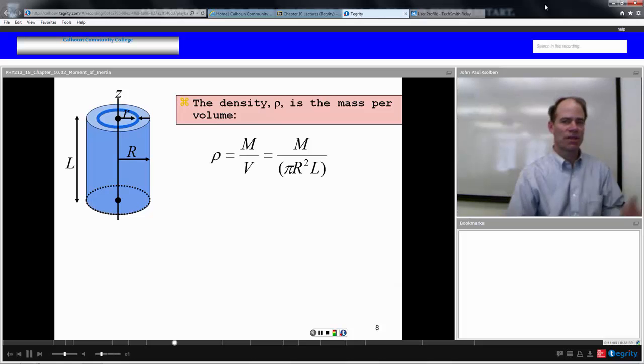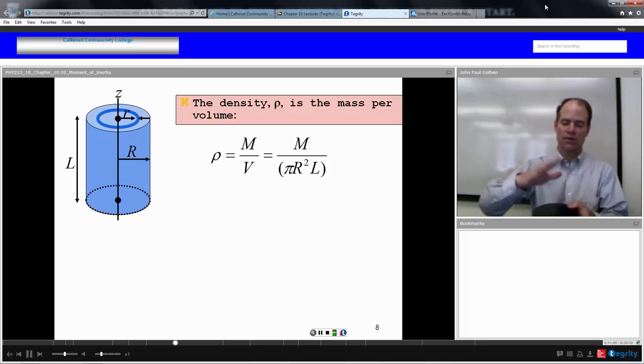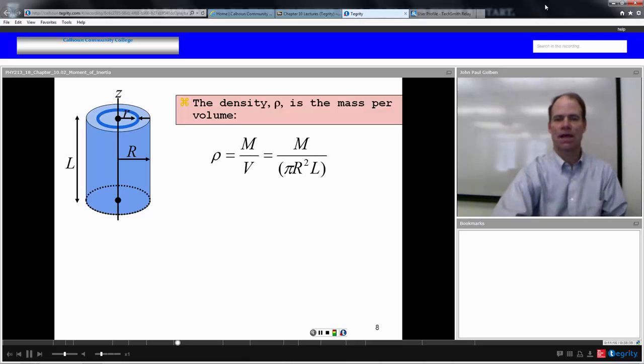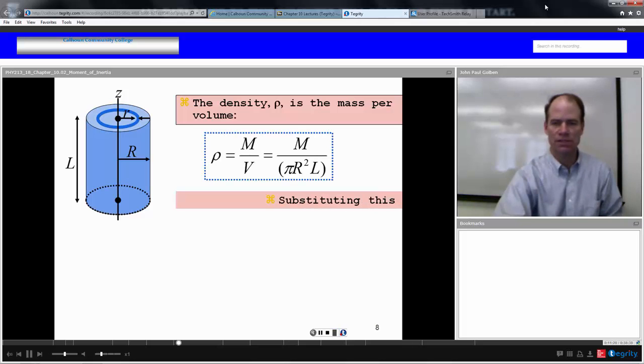But we know that density is the mass per volume, and the volume of this cylinder is the cross-sectional area pi r squared times its length, its height, L. So that is pi r squared L. And if I make that substitution in the previous equation, we have this.